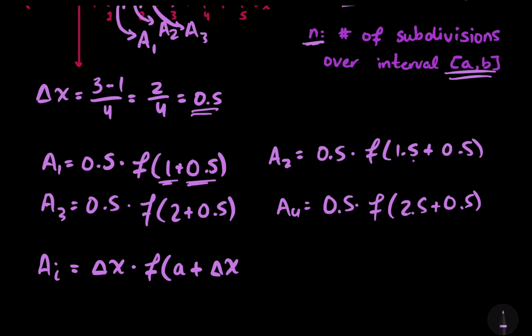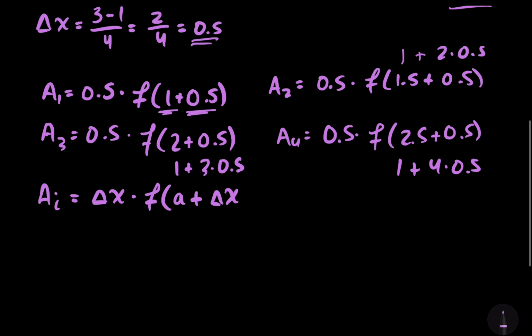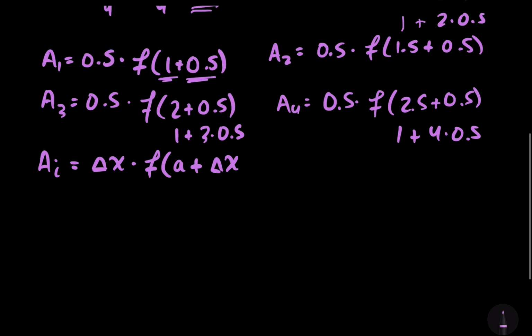This one would be 1 plus 0.5 plus 0.5, which is 2 times 0.5. This one would be 1 plus 3 times 0.5. 1 plus 4 times 0.5. And so essentially each time we're adding just integer multiples of our increment. So this is going to be delta x times our variable i.